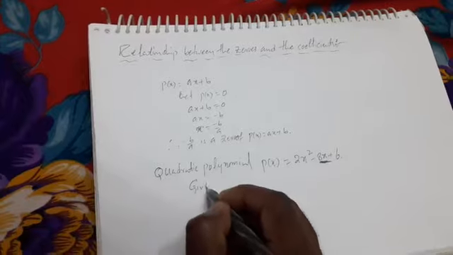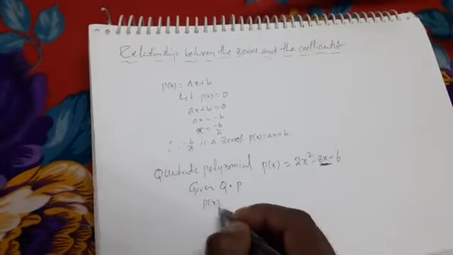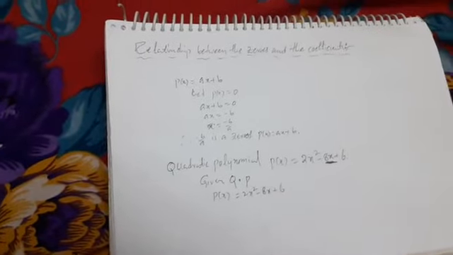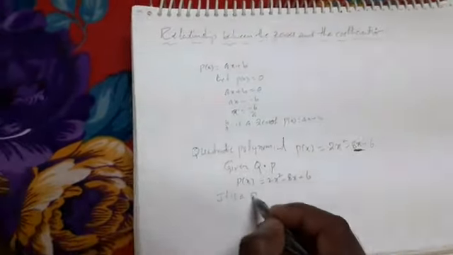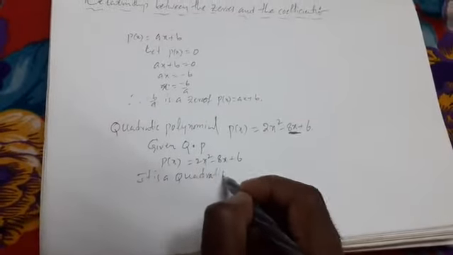Given quadratic polynomial p of x is equal to 2x square minus 8x plus 6. So it is a quadratic polynomial.